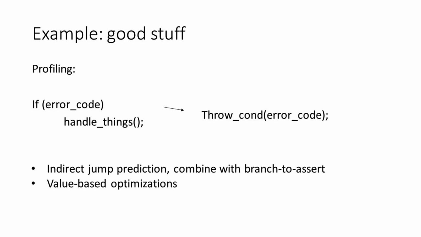branch to assert. So we want to eliminate as many cold branches as we can, and this error code is only one example. For example, say we have a loop which runs a million times, and we have an if something breaks, which happens 1 in a million iterations.